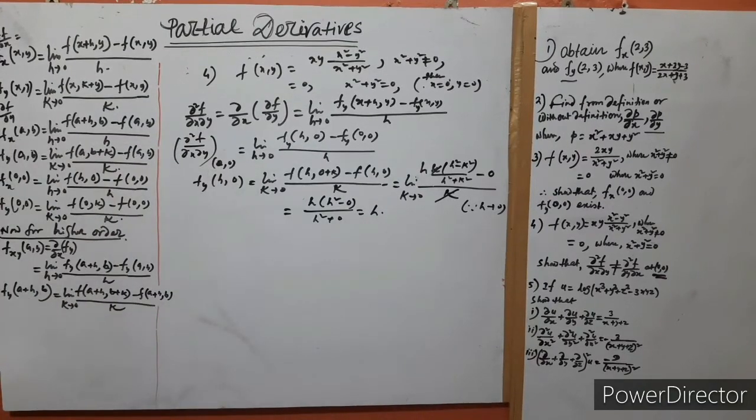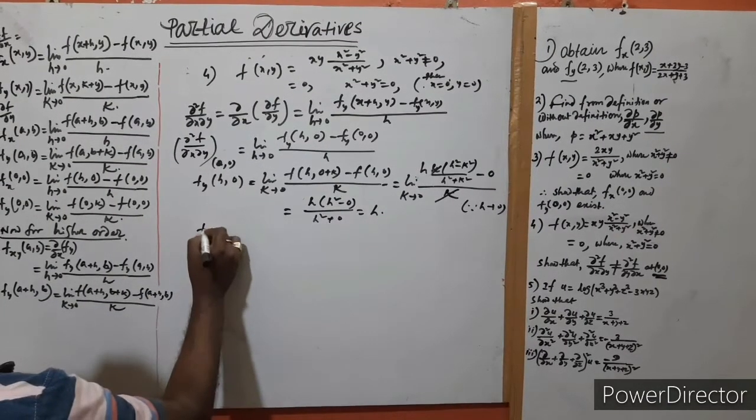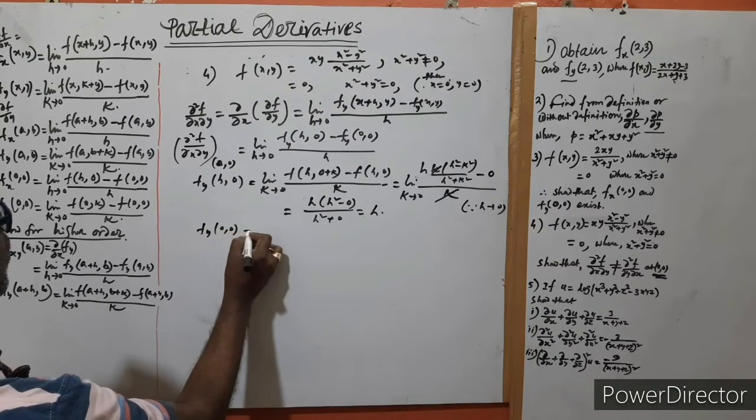Okay, now we have to find f suffix y at (0, 0).